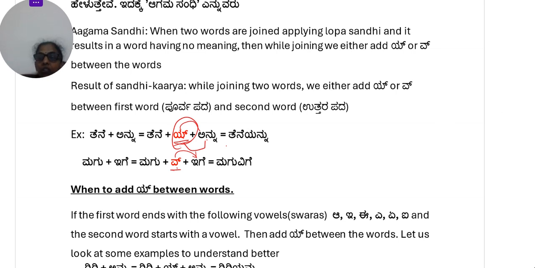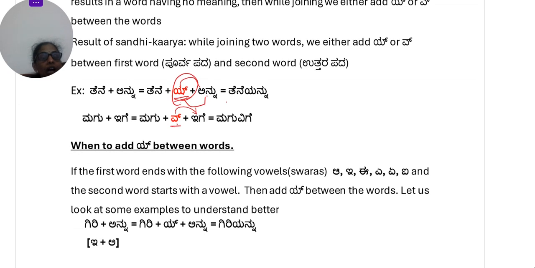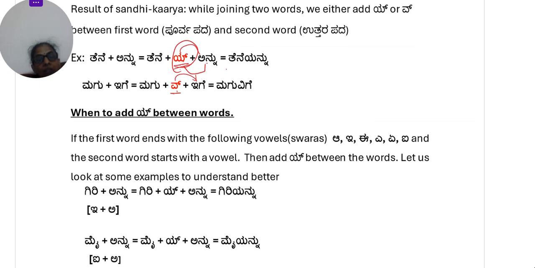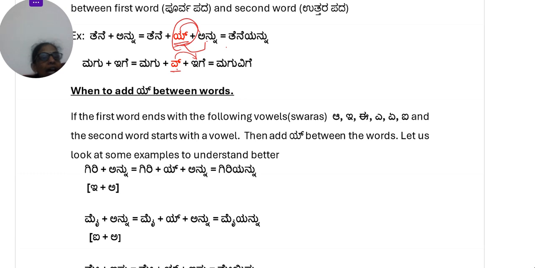How will I know when I should add ya or when I should add va in between the words? So you can just have certain rules in your mind. So when to add ya. Now let us look at when to add the root form ya.